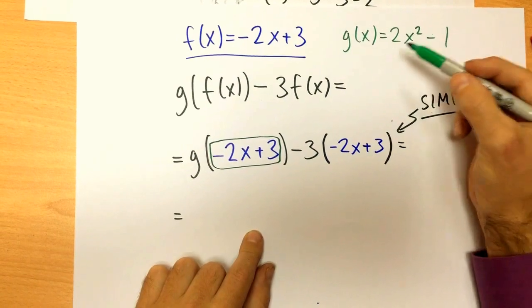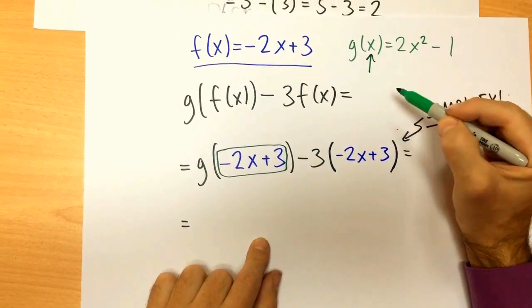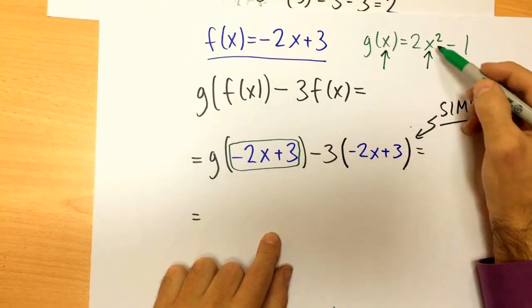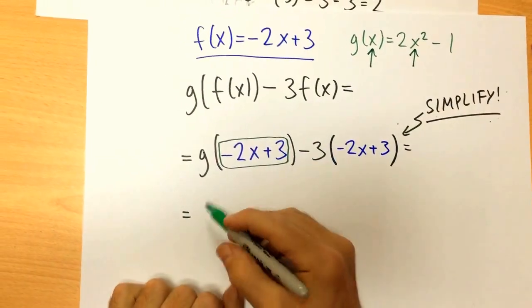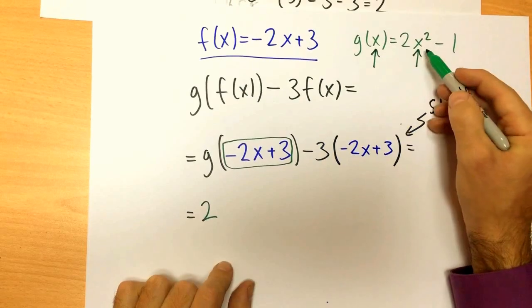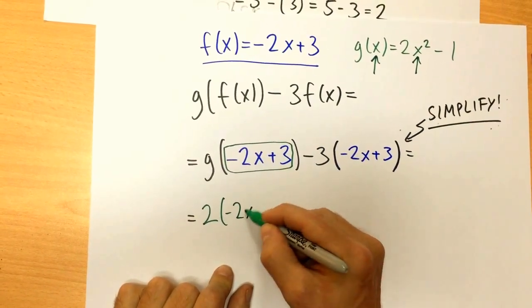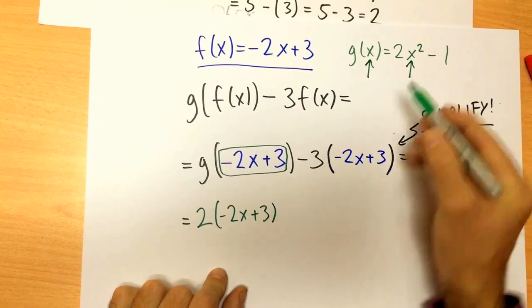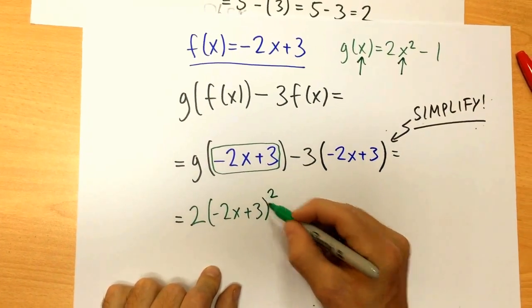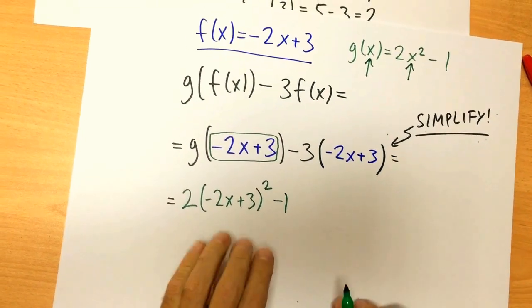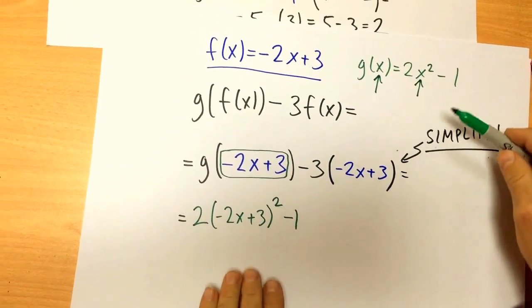So this means I will have negative 2x plus 3 here instead of the x. So I will have negative 2x plus 3 here instead of that x. So I write 2 times input squared, this is my input, negative 2x plus 3 squared, minus 1, like this.